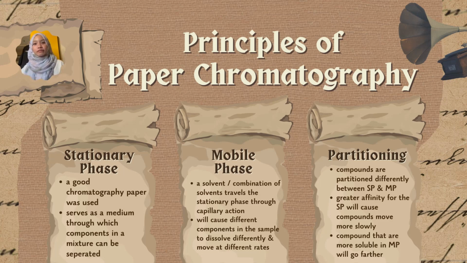It causes different components in the sample to dissolve differently and to move along at different rates. Lastly, partitioning. Compounds are partitioned differently between the stationary phase and mobile phase, which leads to separation. Greater affinity for the stationary phase will cause compounds to move more slowly. Meanwhile, compounds that are more soluble in the mobile phase will go farther.